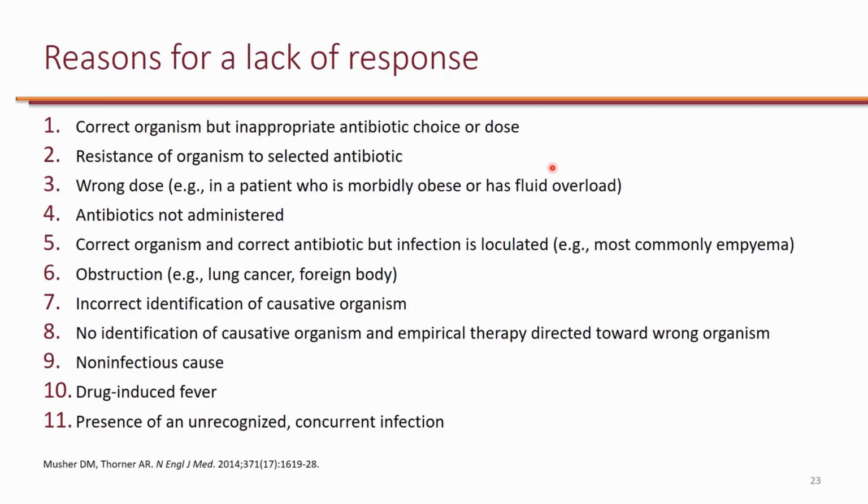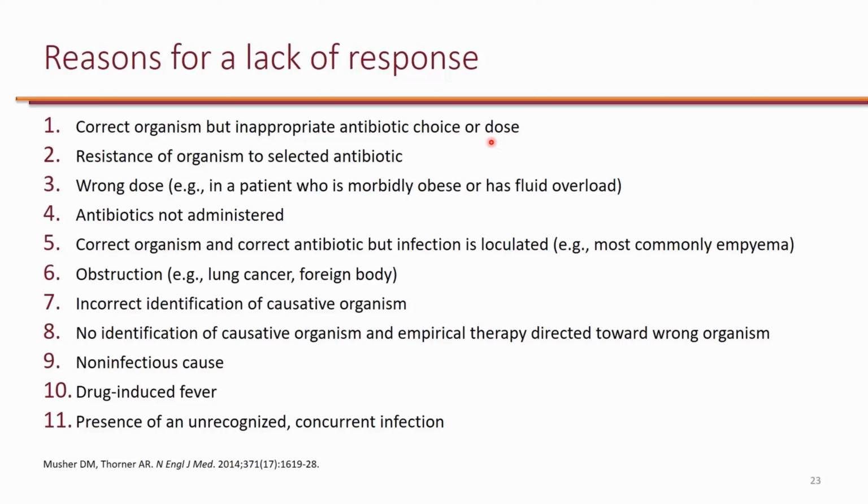So it's important to target the right organisms, use the right antibiotics, and also use the right dose. We have to make sure that the dosing is appropriate based on body weight, renal function, hepatic function, and drug-disease and drug-food interactions. As pharmacists, we have to take all of those considerations to make sure that the patient is receiving the right dose.